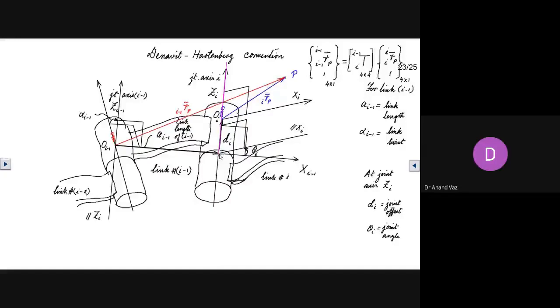This axis is coinciding with. So this is our first.